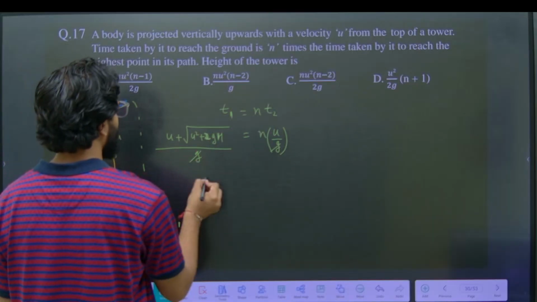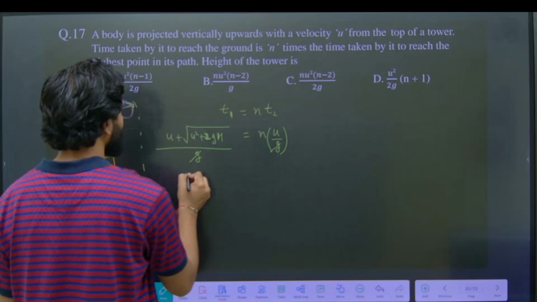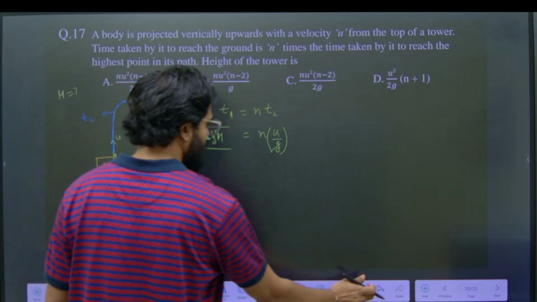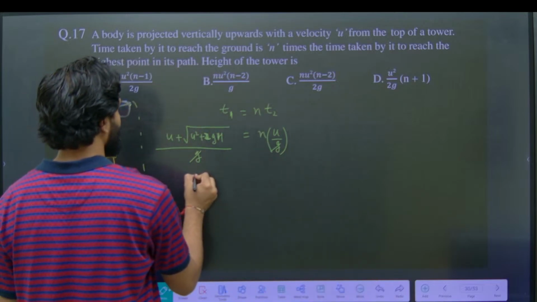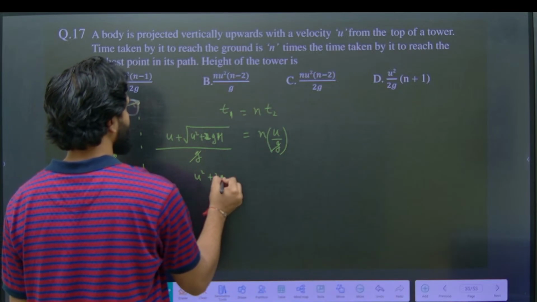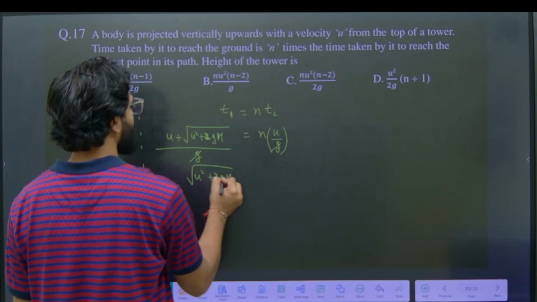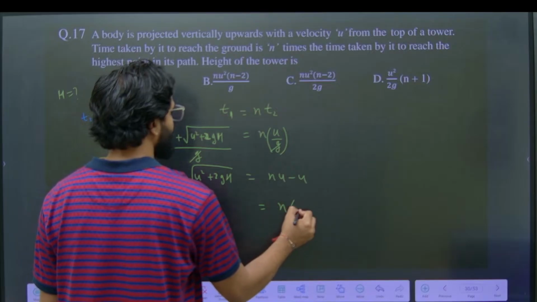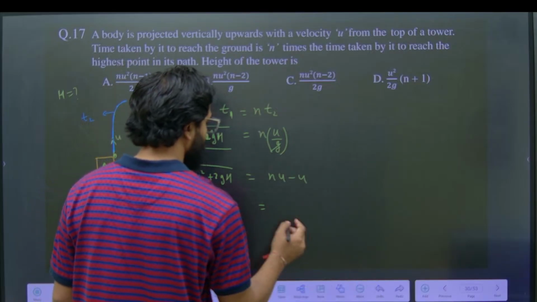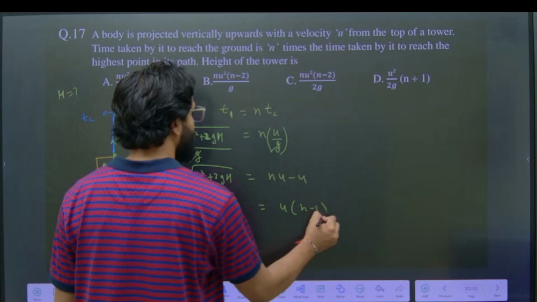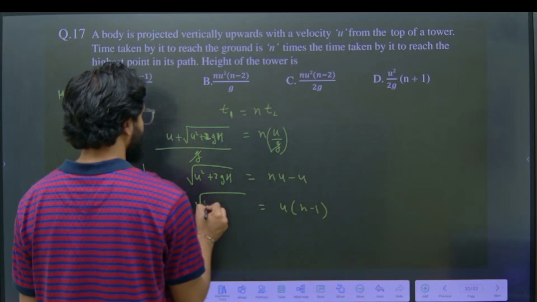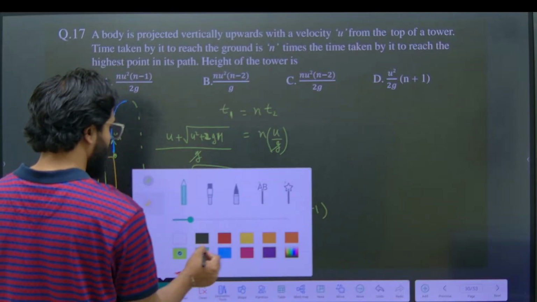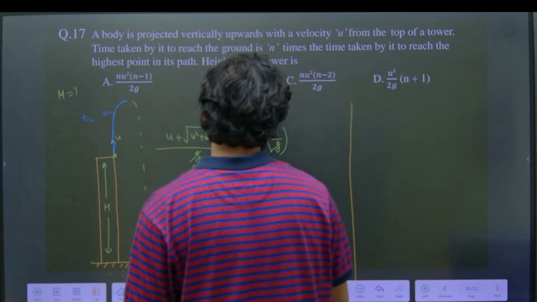g gets cancelled, so u goes over there. So u plus under root u square plus 2gh equals nu, and nu minus u can be written as u into n minus 1. So the root of u square plus 2gh equals u into n minus 1. Now square it and solve it.